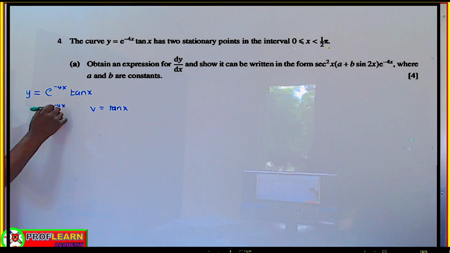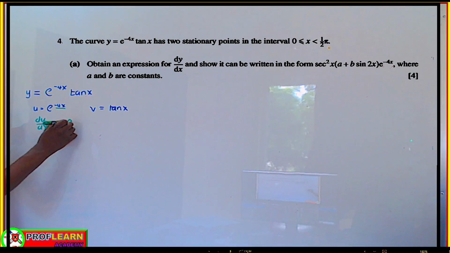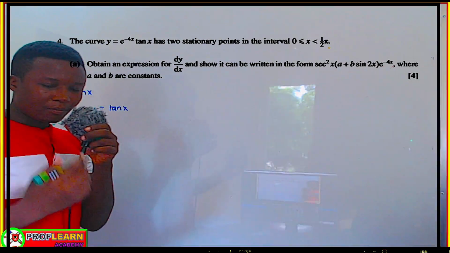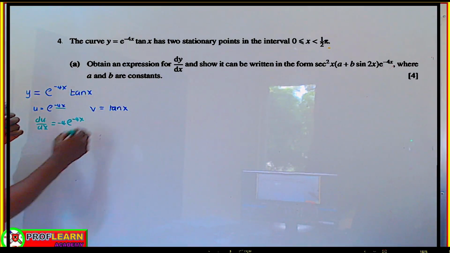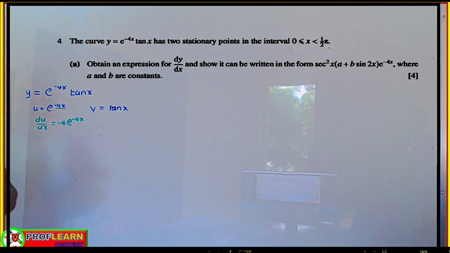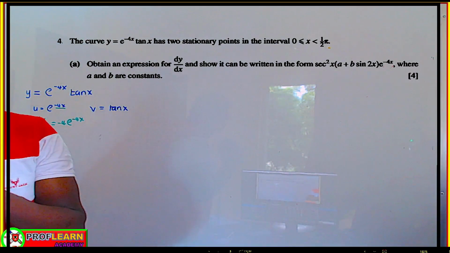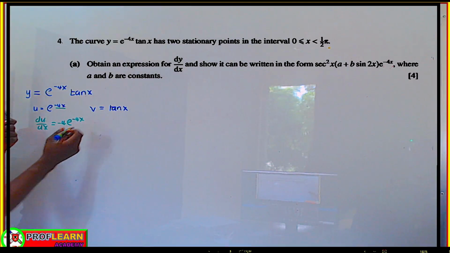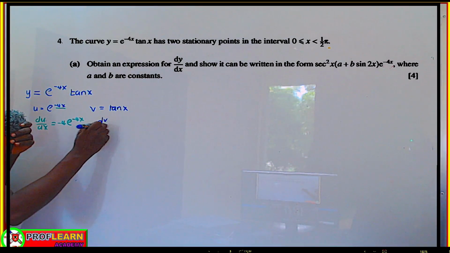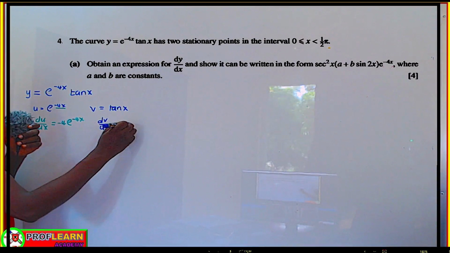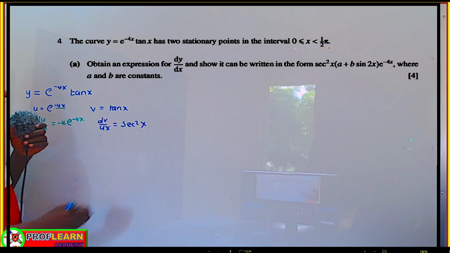And differentiating negative 4x, we're going to get negative 4. Then you write the exponential function the way it was given. That is how you differentiate this kind of exponent. And when we are differentiating tan, we are going to get dv/dx equals sec squared x.